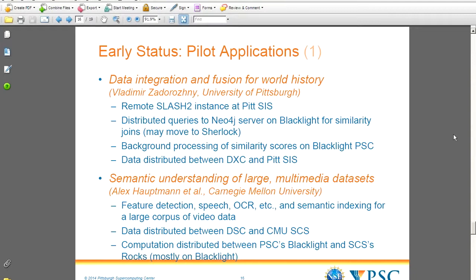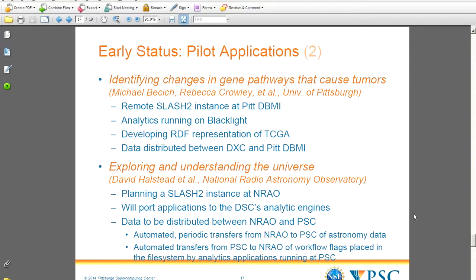The other project is semantic understanding of large multimedia data sets. These folks have just completed a very large run where they have observed extremely good performance using Blacklight for analytics and the Data XSL for storage. We'll be talking more about that over time. They're working on wrapping up this round of their competition.